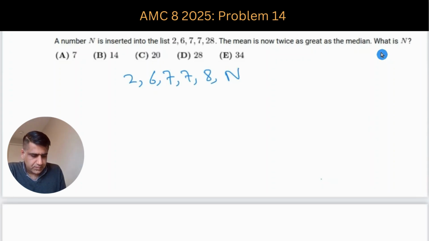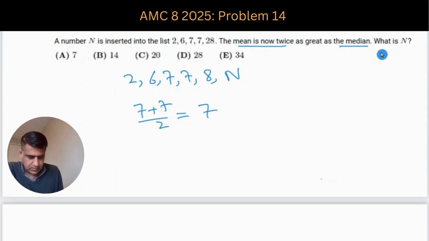So the mean is now twice as great as the median. So the new median that we have, that is 7 plus 7 over 2, and that is 7 for this list. And the mean, that would be then 14.